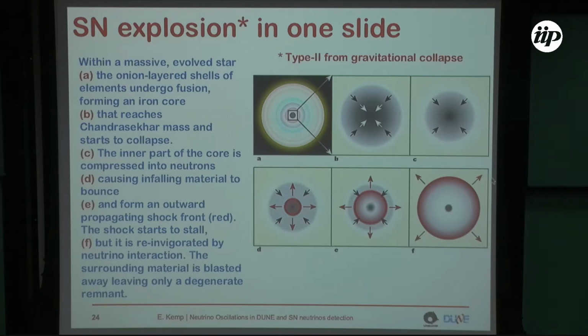So since you are above the Chandrasekhar mass, the inner part of the core starts to compress. Gravitation wins over the pressure of the electrons, and then you start to squeeze the electrons into the protons, and you start to form neutrons. This is why we have a neutron star as a possible end, if not a black hole, depending on the mass of the progenitor, as an end of this process.